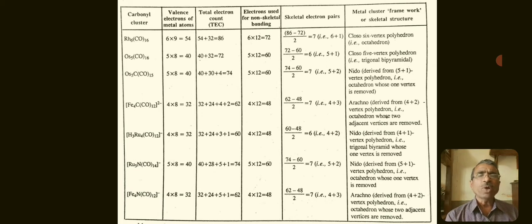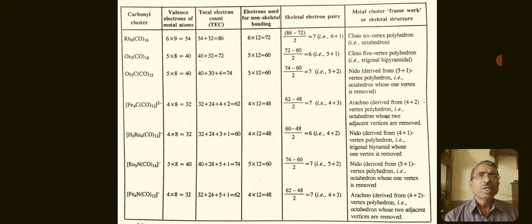Now, each carbonyl gives 2 electrons. Since there are 16 carbonyls, 32 electrons come from the carbonyls. So add the 32: 54 plus 32 becomes 86. So the total electrons are 86.